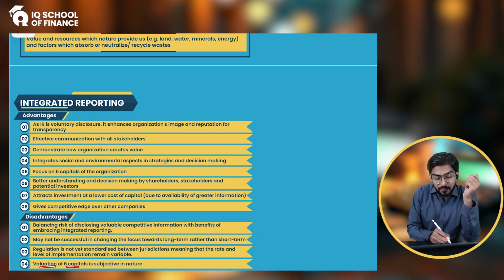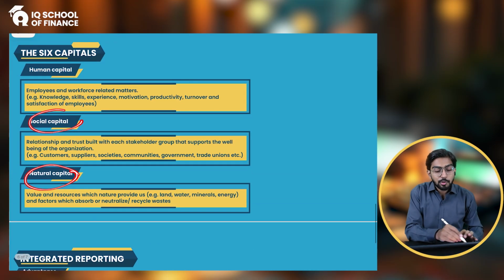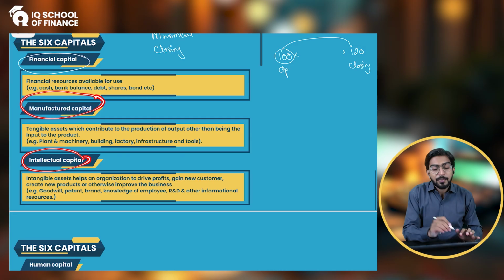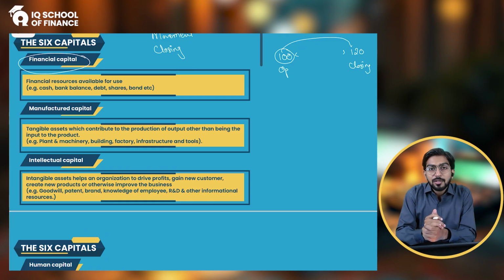Then valuation of the six capitals is subjective in nature. Your natural capital, social capital, human capital, intellectual capital, manufactured capital, and also financial capital. The measurement of these capitals is a subjective thing. It's not absolute like 2 plus 2 equals 4.